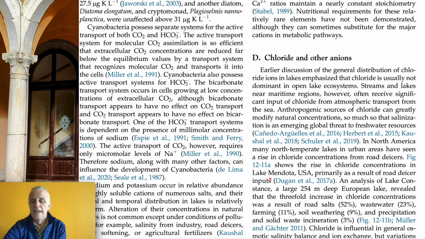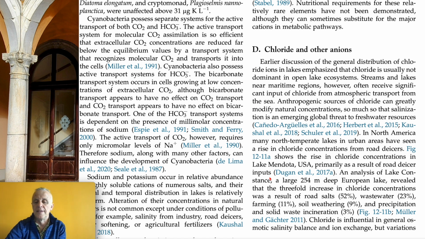resources. In North America, many north temperate lakes in urban areas have seen a rise in chloride concentration from road deicers. Figure 12-11A shows the rise in chloride concentration in Lake Mendota, US, primarily as a result of road deicer inputs.